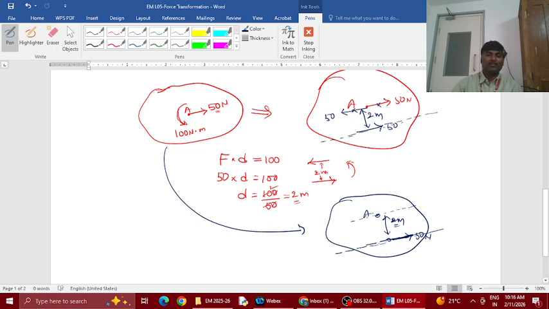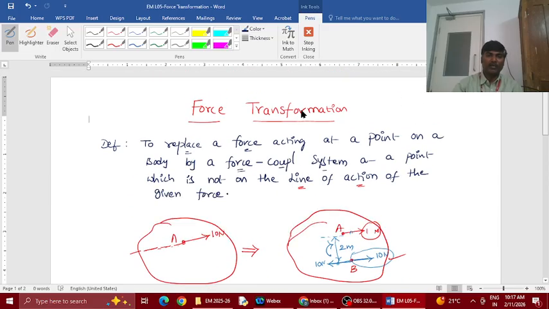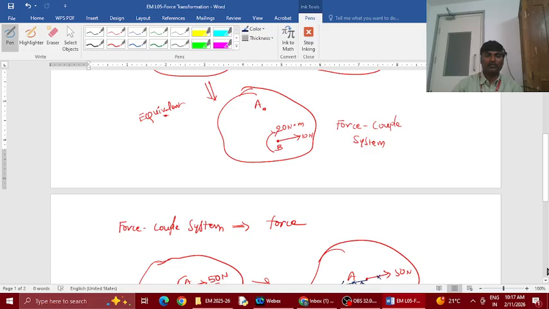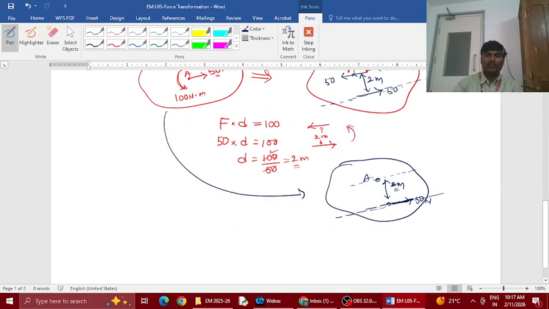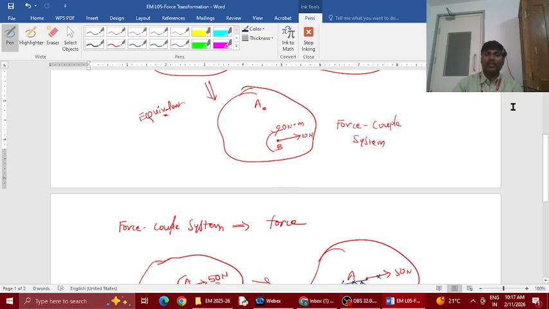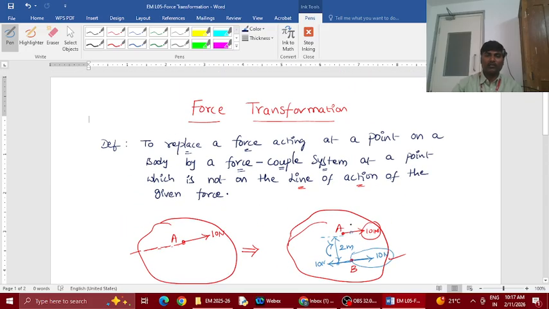So this is the forward way of transforming, and also the backward way of transforming. One more principle which is helping you to do force transformation is called the principle of superposition.